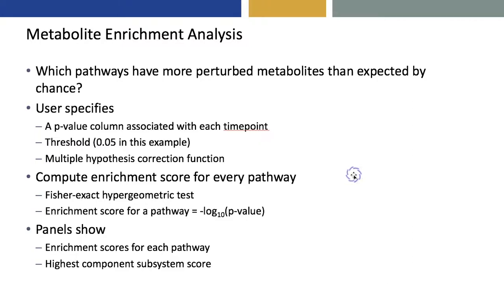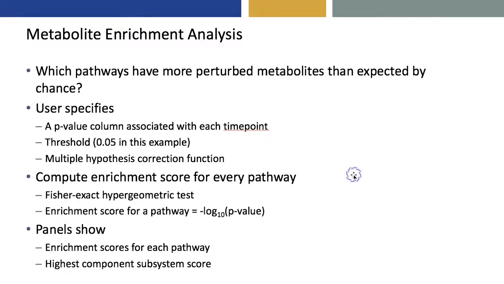And the user also specifies a multiple hypothesis correction function. And what the dashboard will do is compute an enrichment score for every pathway using the Fisher exact hypergeometric test in this case. And the enrichment score that we calculate is the negative log 10 of that probability value.